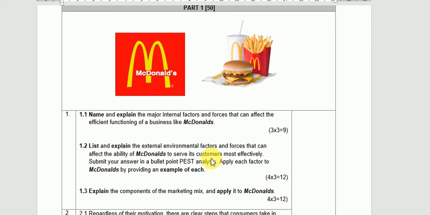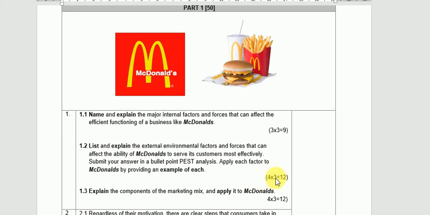We'll continue and complete it this week. You will be conducting a pest analysis, and you will include for us at least the political, economical, social factors and forces that impact on the business, in this case McDonald's.